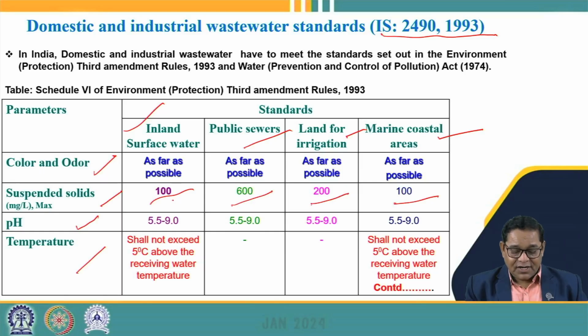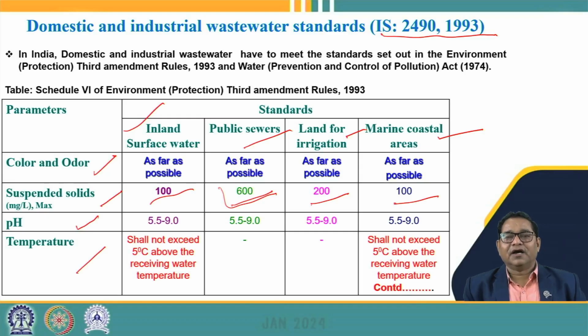For inland surface water bodies, the standard is very low, that is 100 ppm, whereas if we are disposing onto public sewers, it can have a little more content, up to 600 milligram per liter, as wastewater going through the public sewer will again have to be treated.